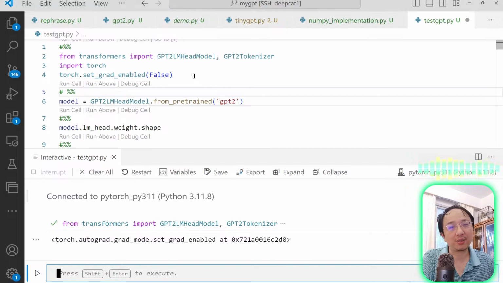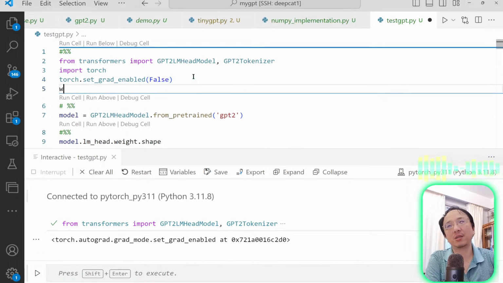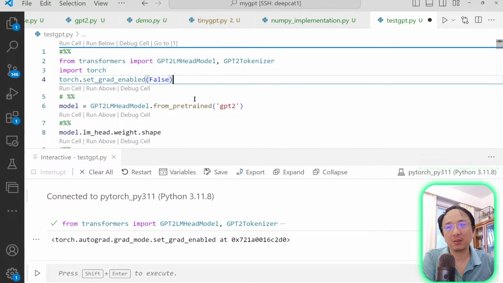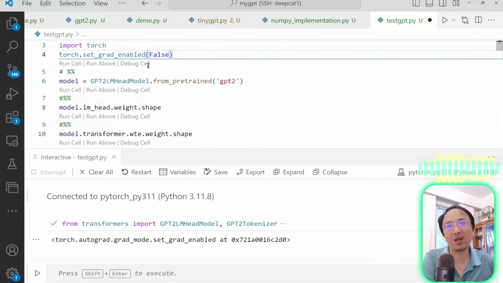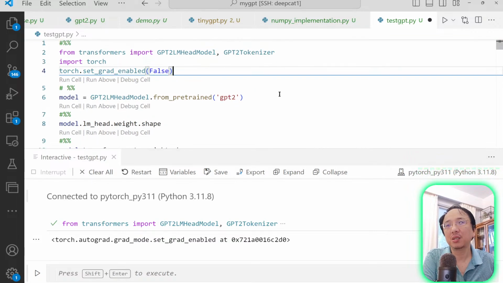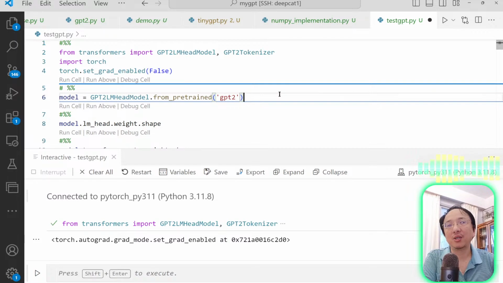It is like the no-grad context when you use things like with torch.no_grad, but instead it works globally for everything. So here we use set_grad_enabled false to turn off the gradient. It's not very important, because the later steps mostly take care of it for you. But when I'm in a notebook-like environment using PyTorch and I'm not training, I habitually turn it off at the start. Okay, so let's first load the GPT-2 model.